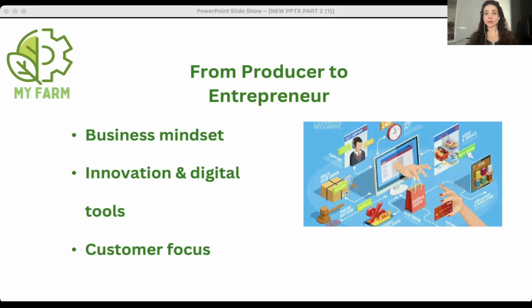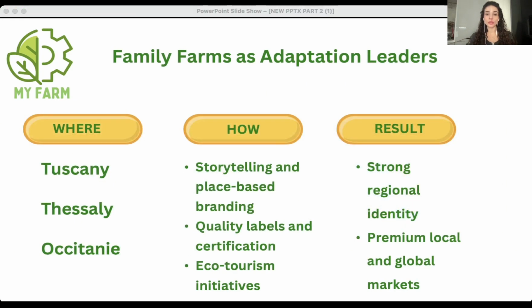Well, this shift often requires a change in mindset from producer to entrepreneur and a willingness to experiment with innovation, digital tools, and customer oriented thinking. In regions like Tuscany, Thessaly, and Oxynidi, family farms have become case studies in terms of strategic adaptation.